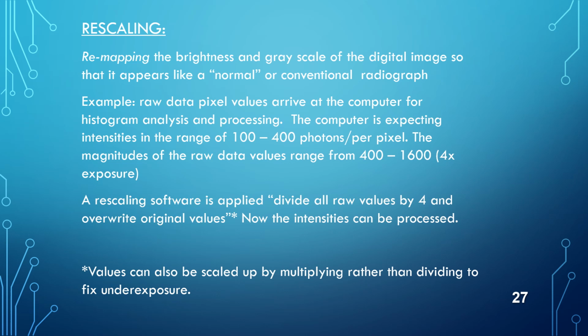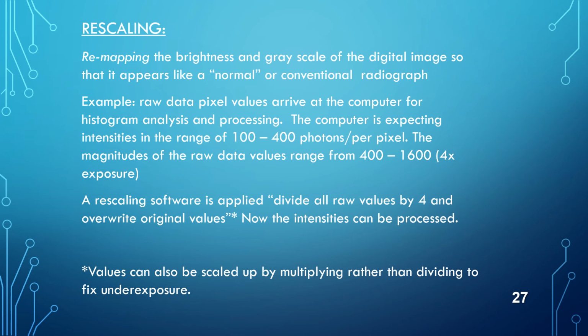Because according to the rules we defined in the software in the first place, anything that has more than 400 photons should be painted black. But that would mean that we painted, for your data set, all the pixels black. Are you going to have an image of anatomy there? No, you're just going to have a black computer screen.